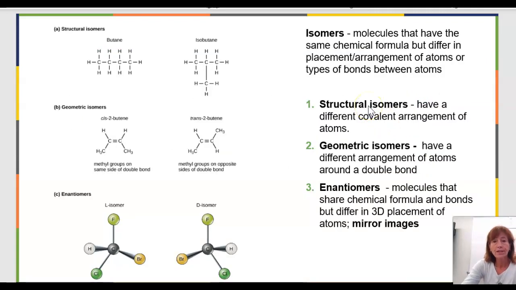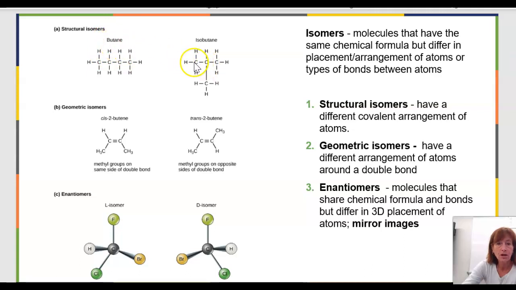So the next term is isomer, and an isomer is something that has the same chemical formula but can have a different arrangement of the atoms. Right at the top here, we can see things that are called structural isomers. Notice that there are 4 carbons, all single bonds, so we call that butane, because but is the root word for 4.